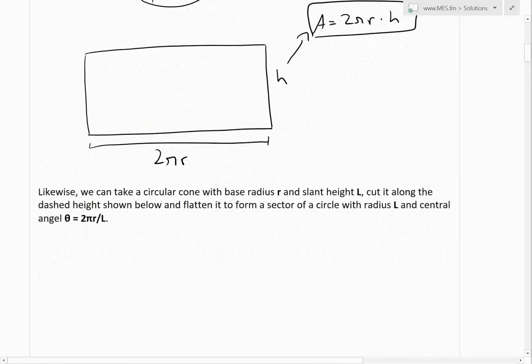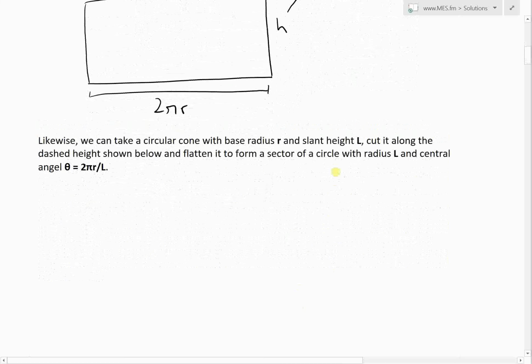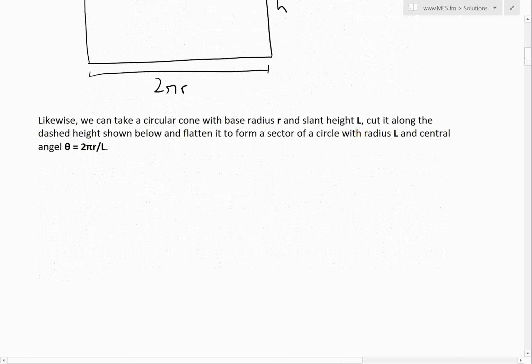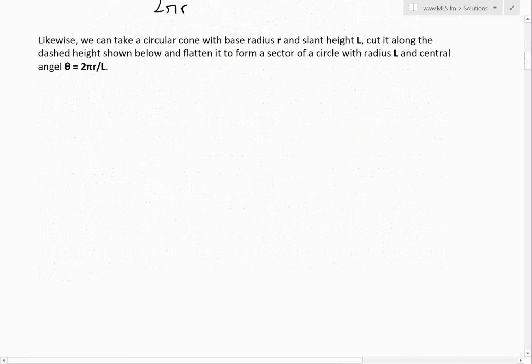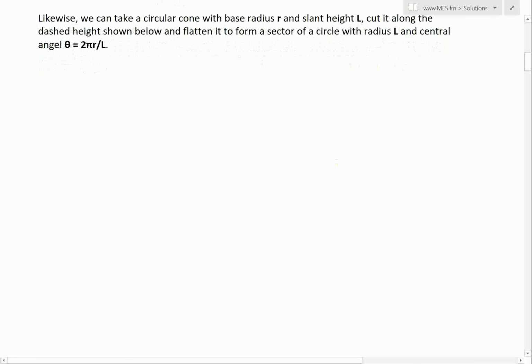Likewise, we can take a circular cone with base radius r and slant height l, cut it along the dashed height, as I'll show in a bit, and flatten it to form a sector of a circle with radius l and central angle 2 pi r divided by l. So if we took a cone, like this, and let's just draw a dashed line behind it to show it's 3D.